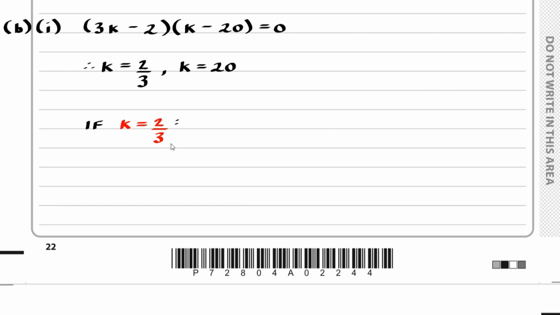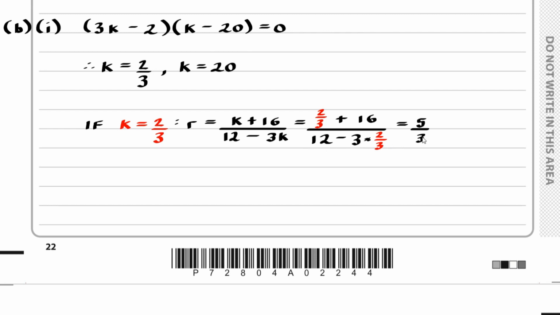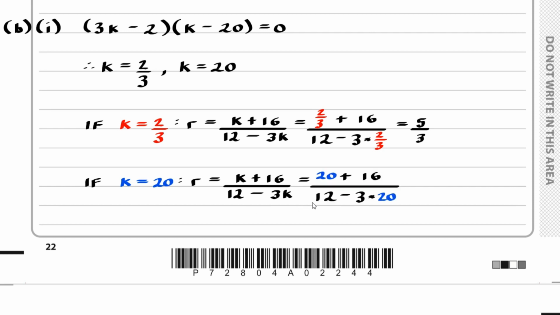So if k is 2/3, then r, which is k plus 16 over 12 subtract 3k, that's equal to 2/3 plus 16 over 12 subtract 3 times 2/3, which is 5 over 3. And if k is 20, r, which is equal to k plus 16 over 12 subtract 3k, that's equal to 20 plus 16 over 12 subtract 3 times 20. And if we work this out, we get negative 3 over 4.